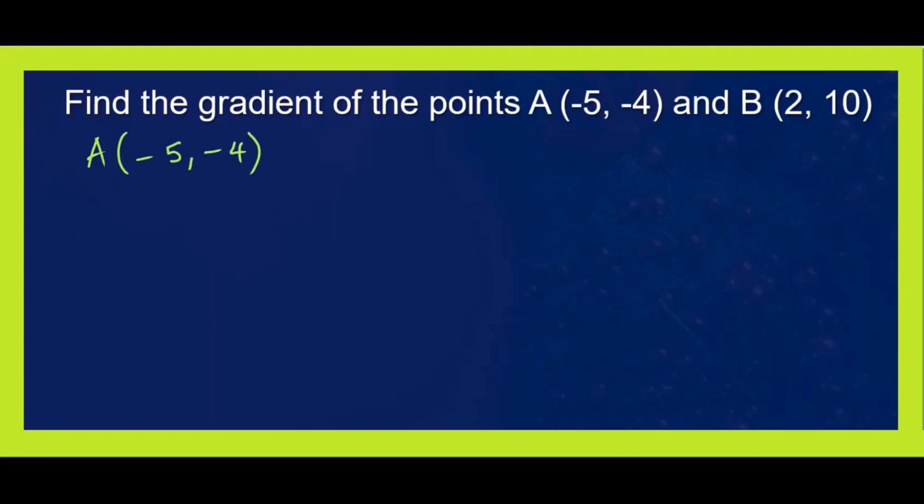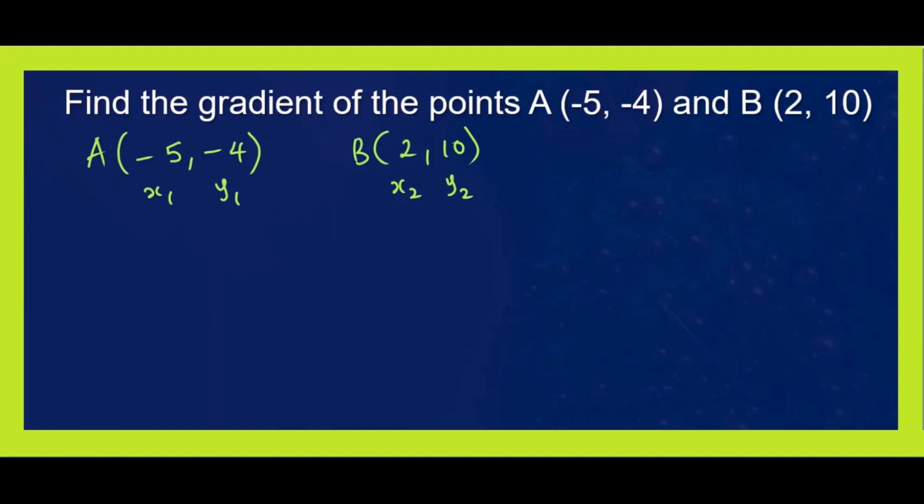So taking the same idea that we've been applying earlier, minus 5 is the x1, while minus 4 is the y1. For the point B, we're given 2 comma 10. So our 2 is the x2, while our 10 is the y2.